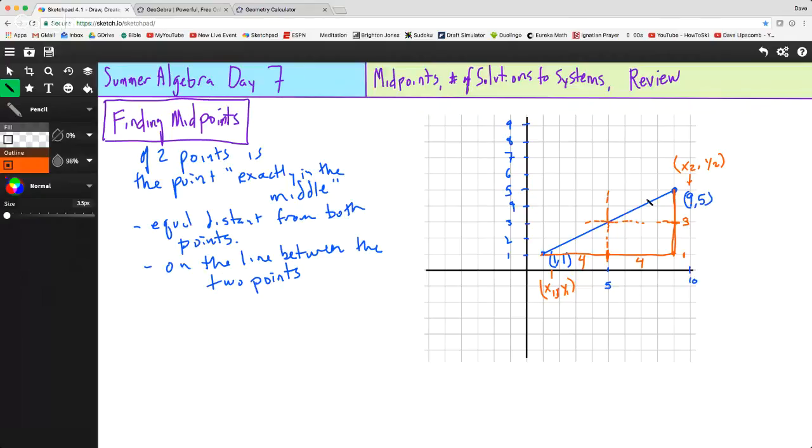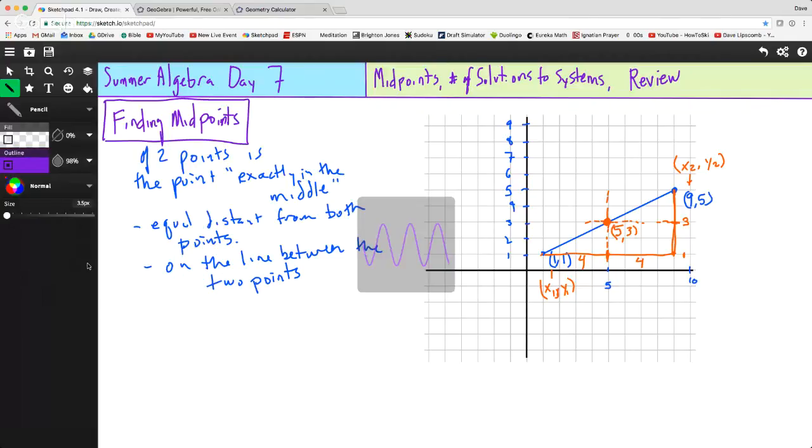Okay, so our midpoint, we think, then is 5, 3. It's the midpoint of your x coordinates and the midpoint of your y coordinates, and it looks to be about right. But why is it exactly right?